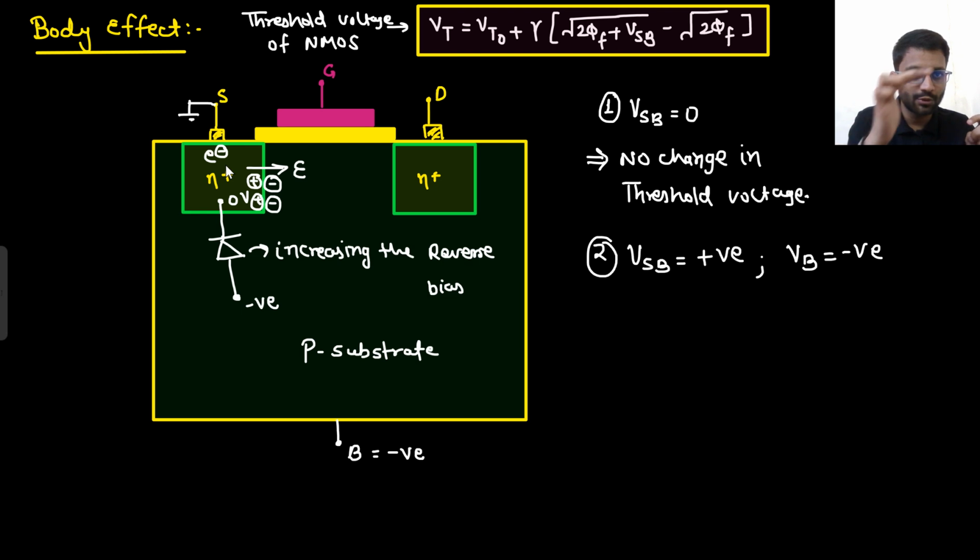To provide the electrons to the channel, and they get out of the drain. Now because the depletion width is increased, there is high electric field. This electron will try to move into the channel, but this high electric field will give force to the electron in the opposite direction.